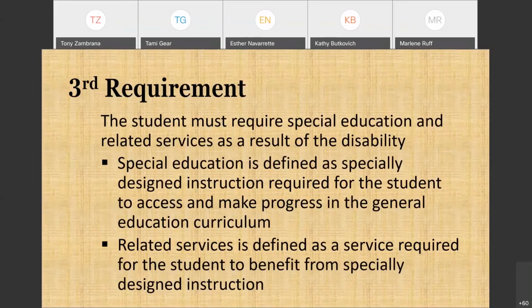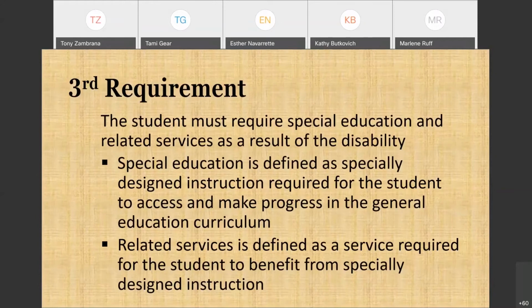Now, if they only meet two of the requirements, so they have a disability and it's affecting their academic performance, but all they need is accommodations to fix it. So a student has ADHD, but academically they're doing fine. All the other areas they're doing fine, but they need extended time to take some tests, and maybe they need an occasional break.